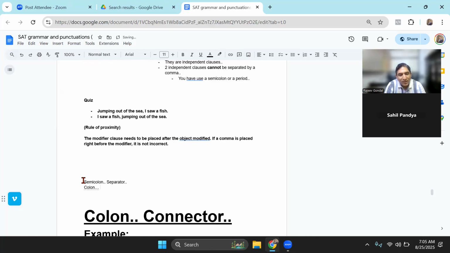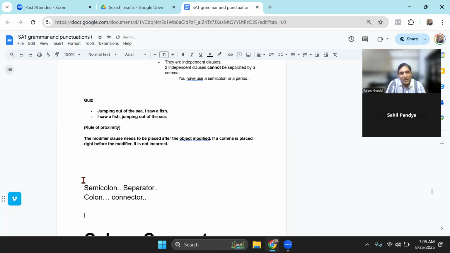Then what is it? It is a connector. Don't you use a colon to say the time, like to write the time down? Like you want to say it is 8 p.m., something like this.